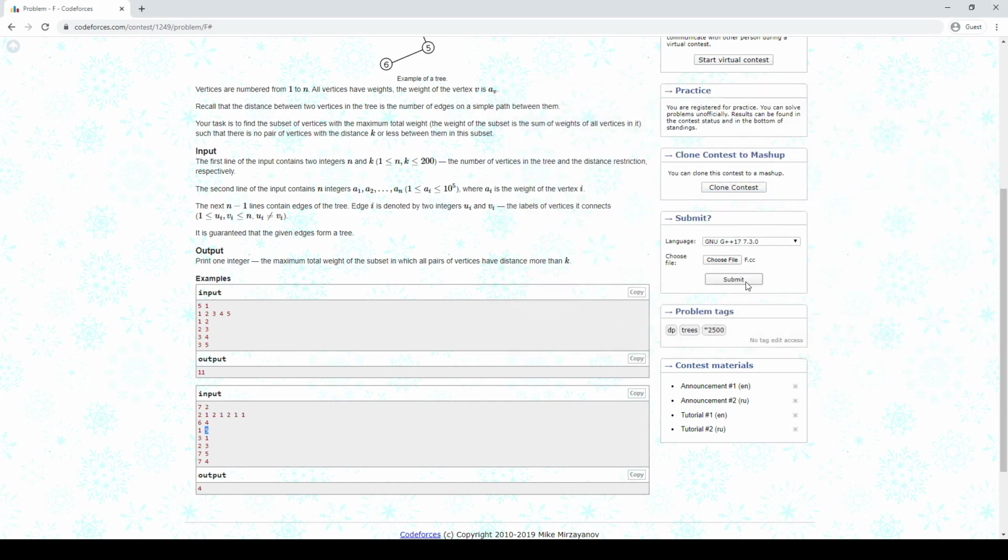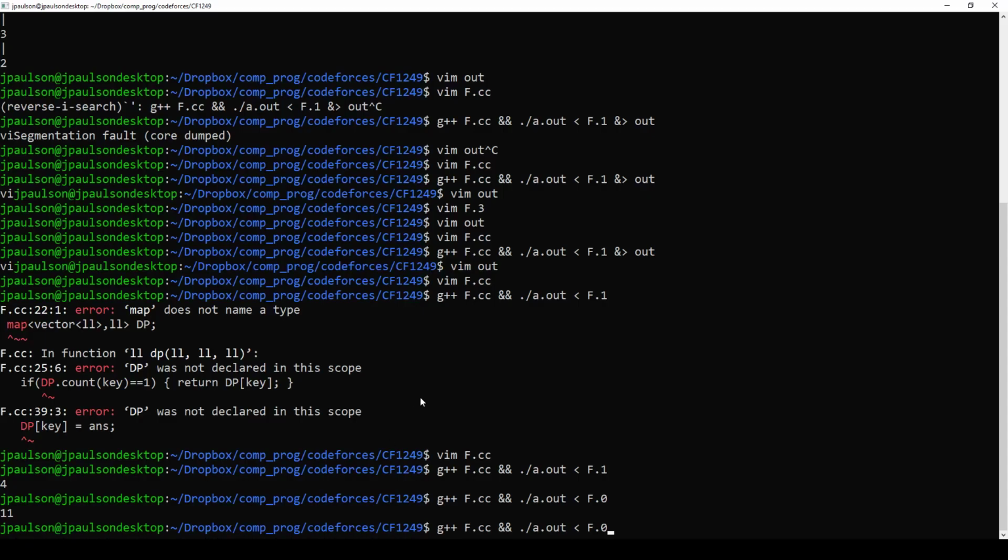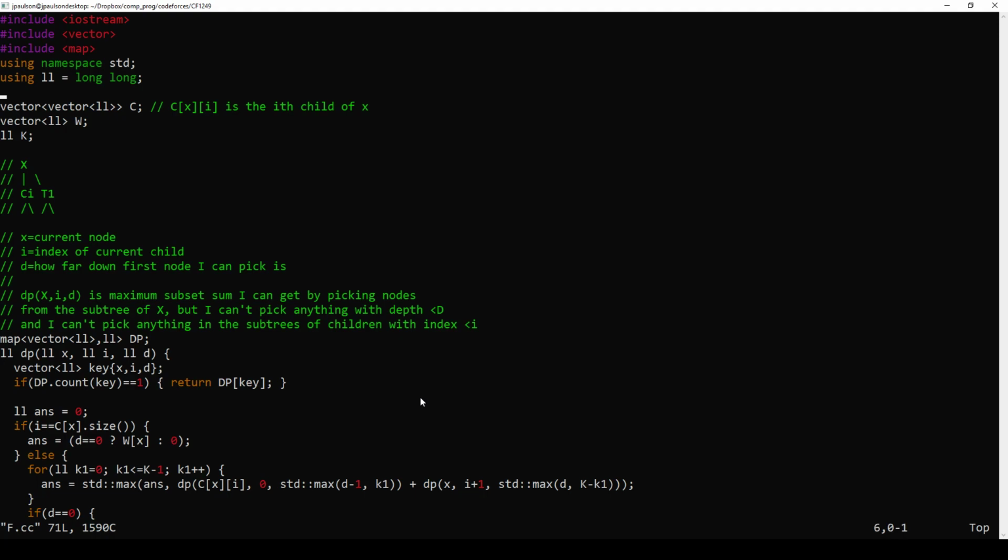Okay. Yeah, I think this is probably a bit hard to follow, especially if I haven't seen Tree DP before, so I'm going to go over it again. I'm just curious if it's right or not. Well, it's a good sign so far. I'll check back in a bit.